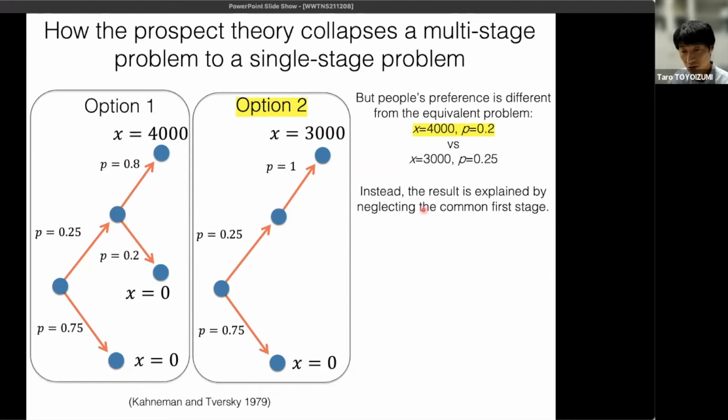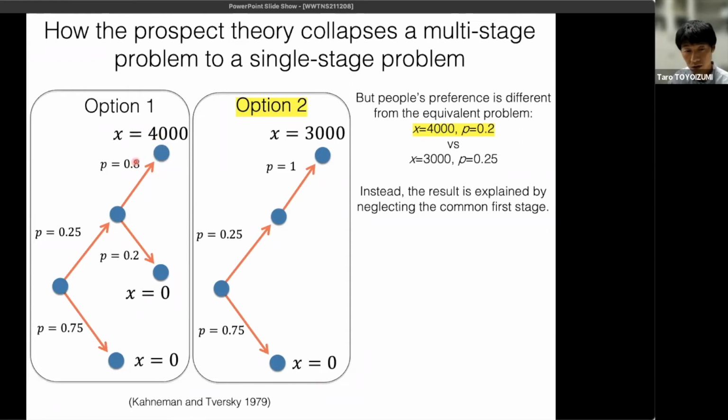Instead, prospect theory suggests that people neglect the common first stage. Again, the first stage is common for both options, and if people neglect the first stage and just look at the second stage, this is the comparison of high probability, the sure gain, versus more uncertain high risk, high return gain.